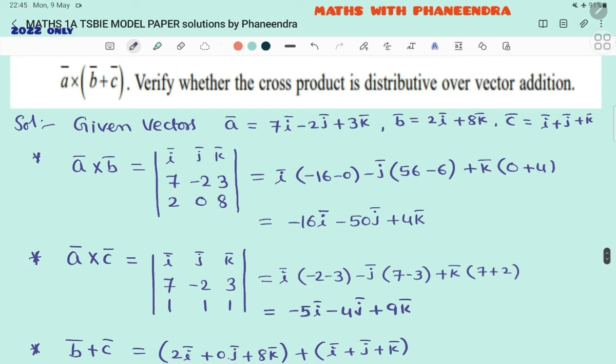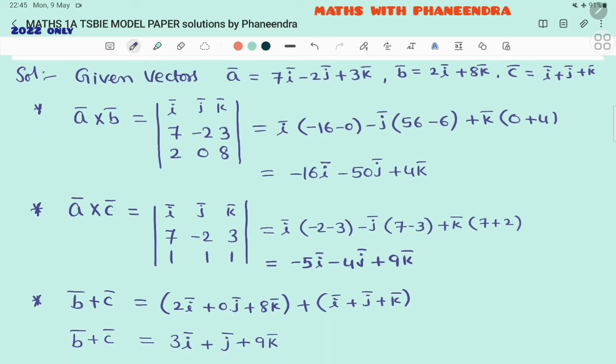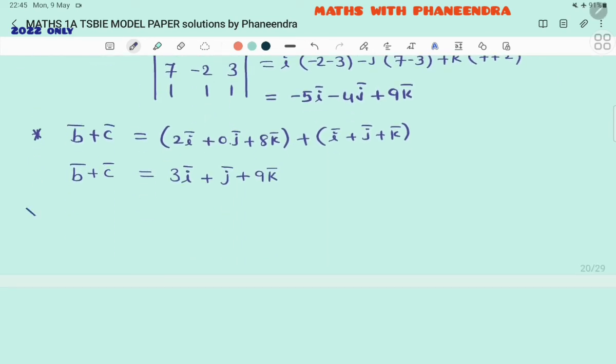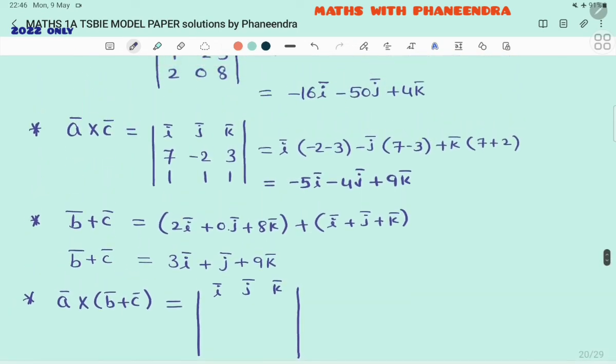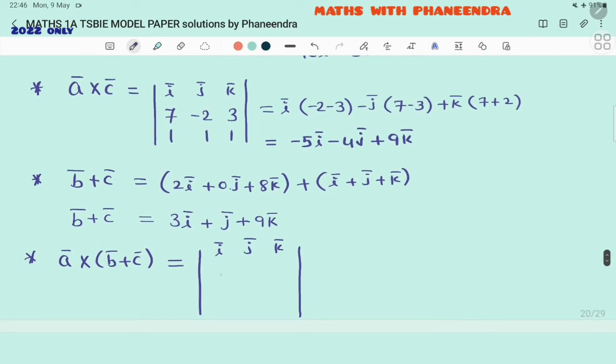Next, A bar cross B bar plus C bar. So A bar cross B bar plus C bar equal to i, j, k. A bar means 7, -2, 3.